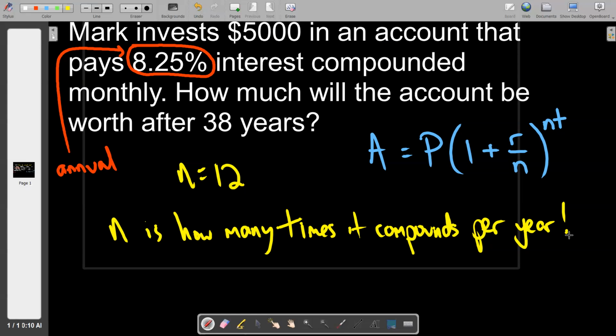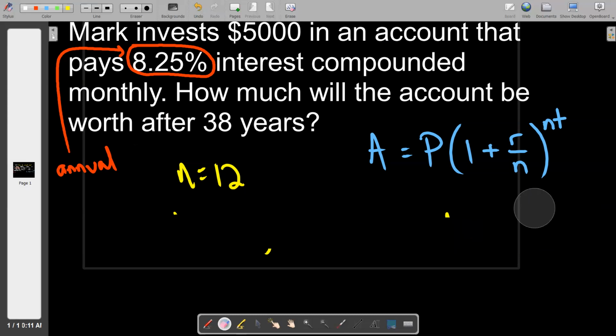So basically, we're using the formula again, only this time we have to incorporate N into it to take into consideration the fact that our interest rate is being broken up, but then we account for that up in the exponent. So let's take a look at this problem and let's plug in some numbers and see what we get. So here we go.